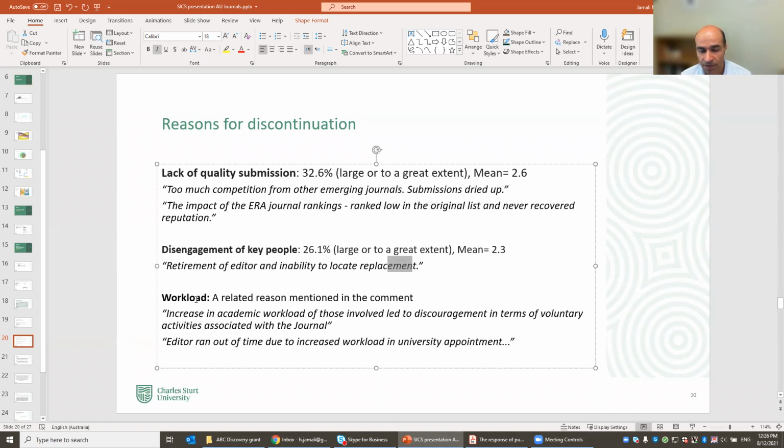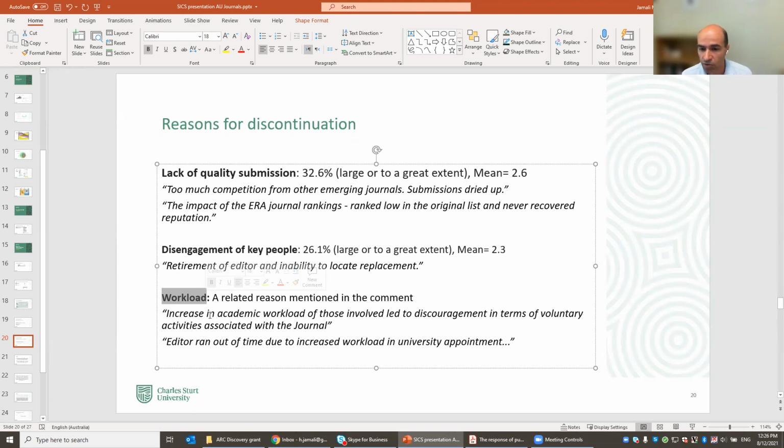And this was related to another reason that we didn't include, but there were a lot of comments in there. A lot of editors commented about this, which is workload. A lot of them are actually doing voluntary work, or even if they are paid, the payment doesn't match the amount of work that they do. So when some editor retires or they leave the university or the learned society, the work is not appealing to somebody else to step in and say, I'm going to be the editor, because it's too much work for little gain.